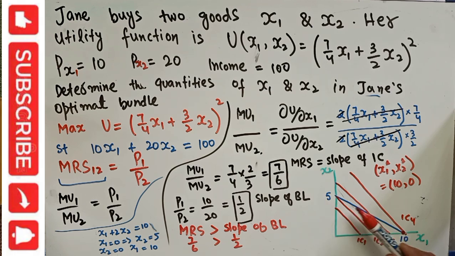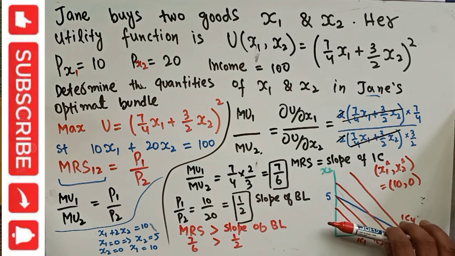We will try to reach the highest possible indifference curve in such a way that our indifference curve cuts the budget line at the horizontal intercept. By simple logic, since the indifference curve is steeper, it will cut the budget line at the horizontal axis.